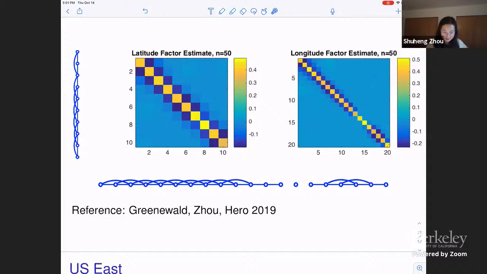So for me, it looks like in this geographical setting, Kronecker sum is pretty attractive because, first of all, it's a non-separable model. And I know in the spatial temporal domain, people have a lot of agony against the Kronecker product.